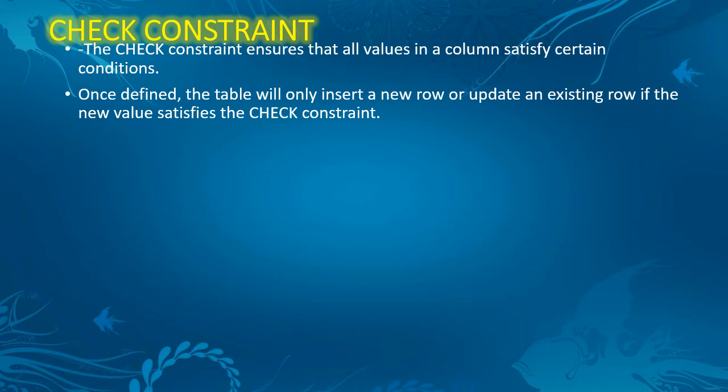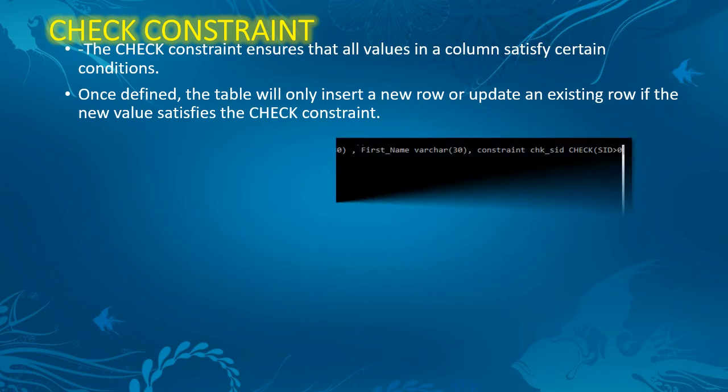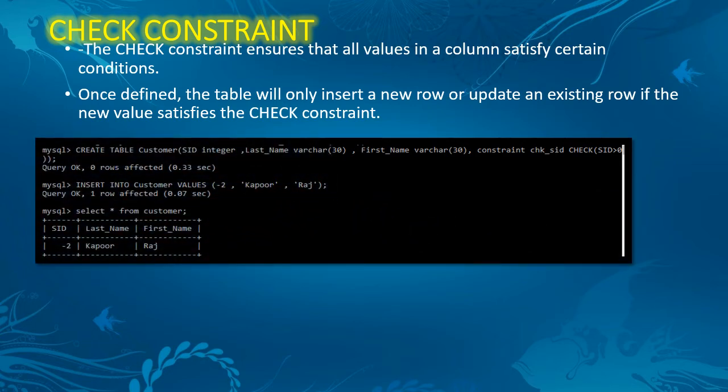If it satisfies that condition, then only that particular value is inserted in the table. Otherwise, it throws an error. See here, customer table: SID integer, last name, first name varchar, and next what is the constraint: check constraint name check SID, condition is check SID greater than 0.